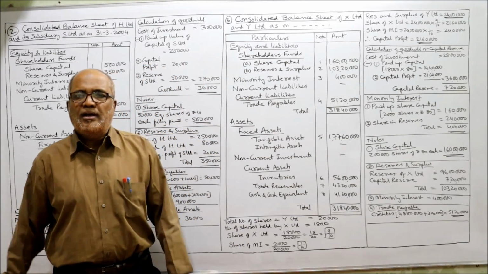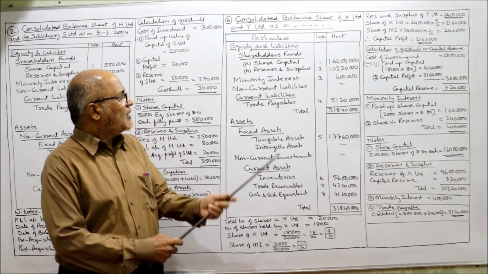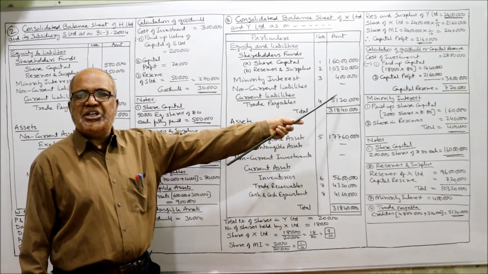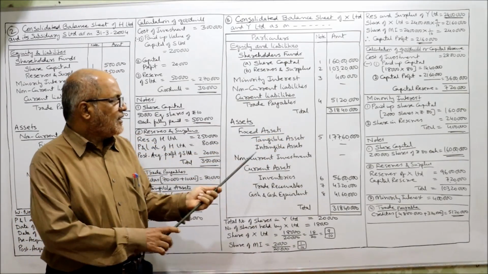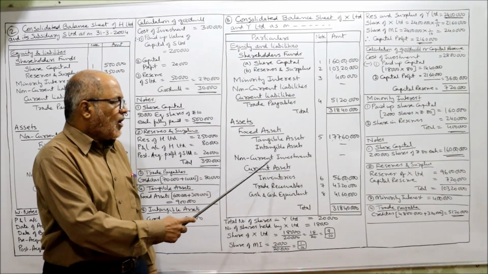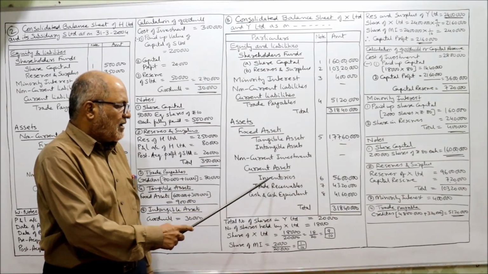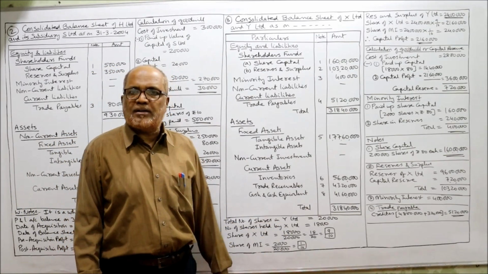Later on, all the amounts will be taken in notes. Then non-current liabilities are not there. Debentures are not there. Then current liability, trade payable 4. Then assets, fixed assets, tangible assets 5. Intangible assets, non-current investments, current assets, inventories, trade receivable, cash and cash equivalent. Already you are aware of this format.